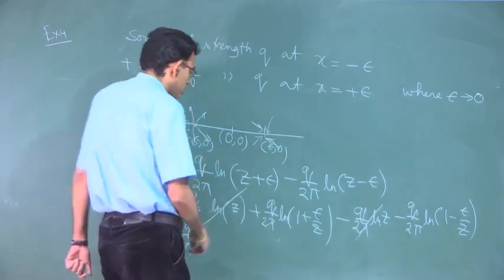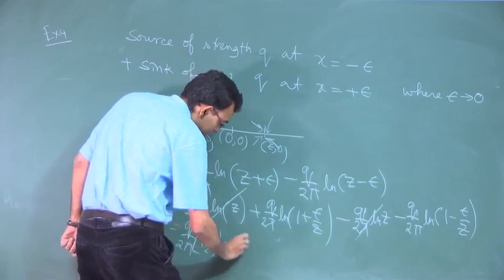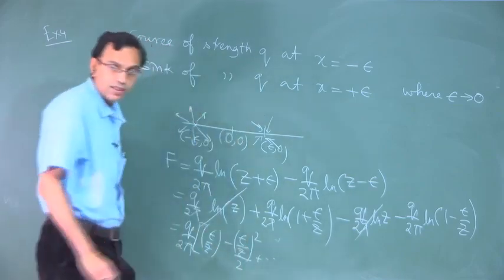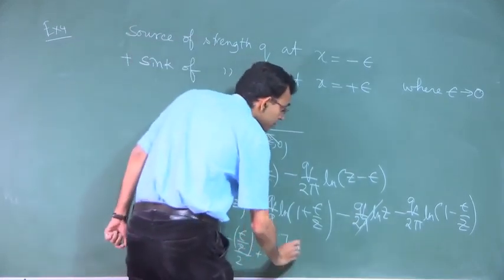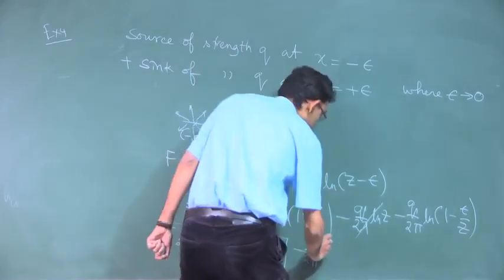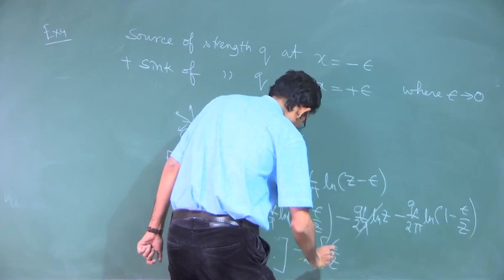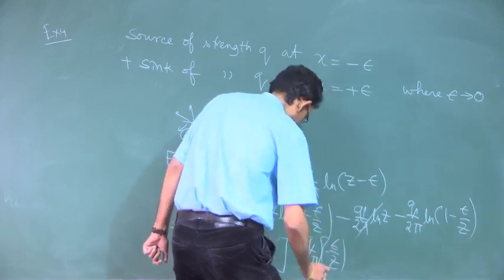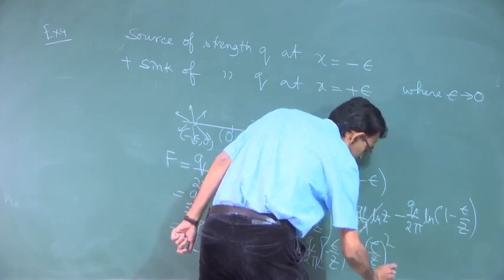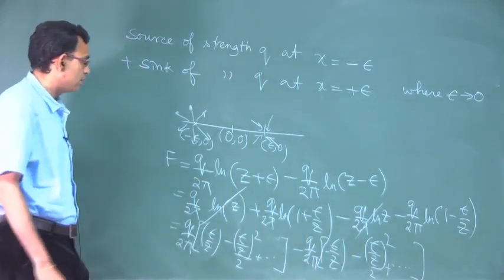So, ln of 1 plus x is x minus x square by 2 plus x cube by 3, in this way it goes, minus q by 2 pi, just replace x by minus epsilon by z, but the square term has the same sign, so it is independent of the sign.